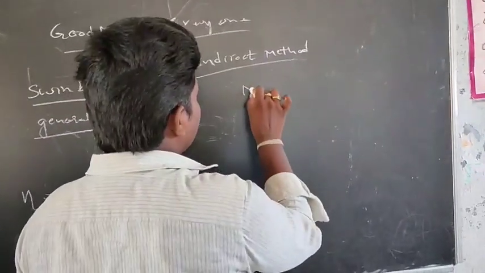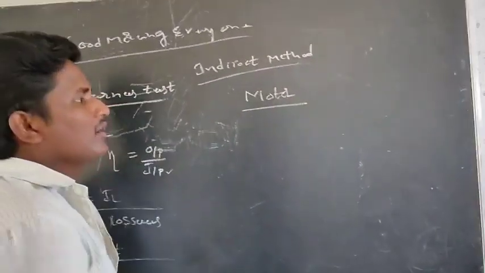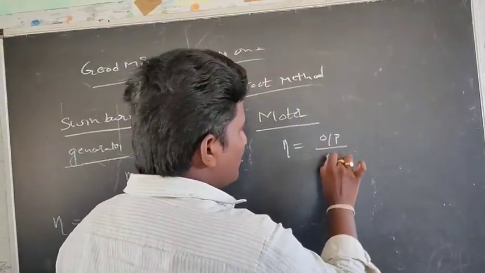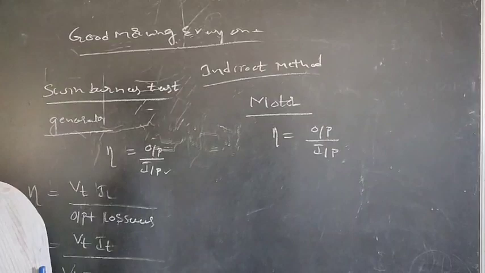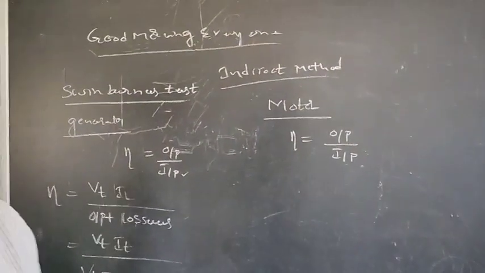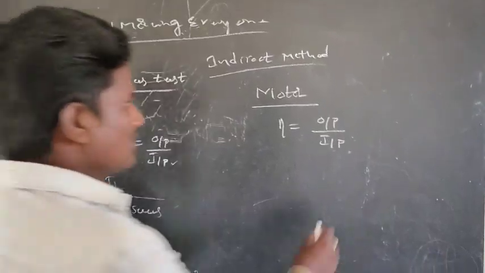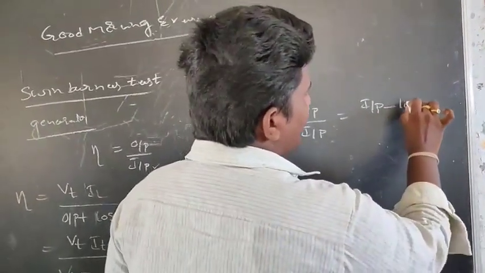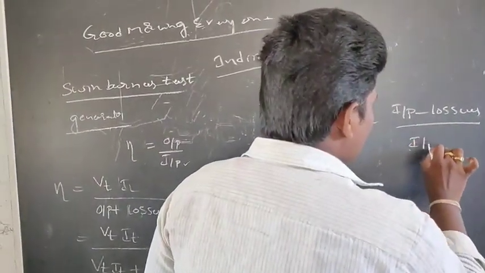So next, for the motor also, efficiency equals output by input. For a motor, output is mechanical energy. That mechanical energy we cannot express directly, so output can be expressed as input minus losses divided by input.